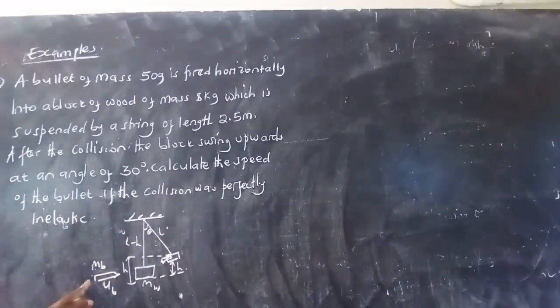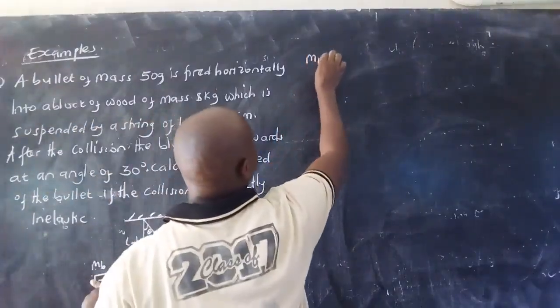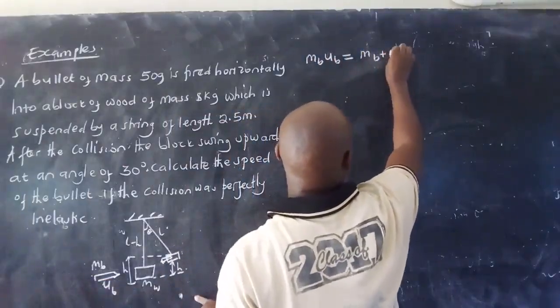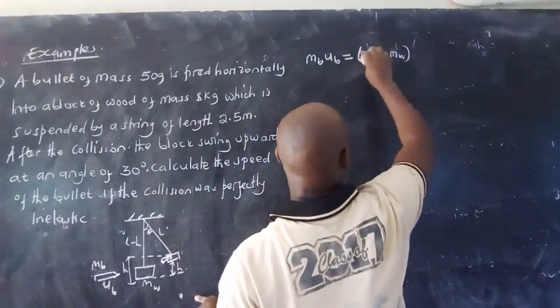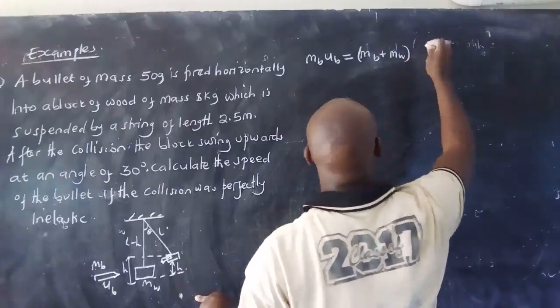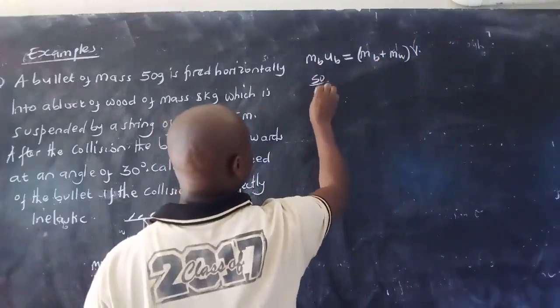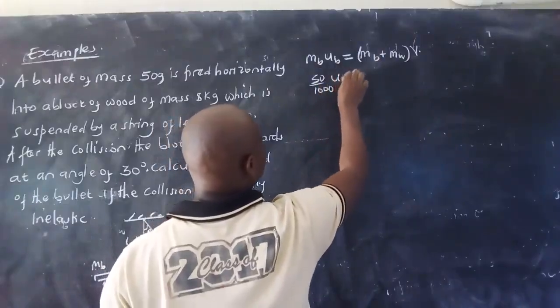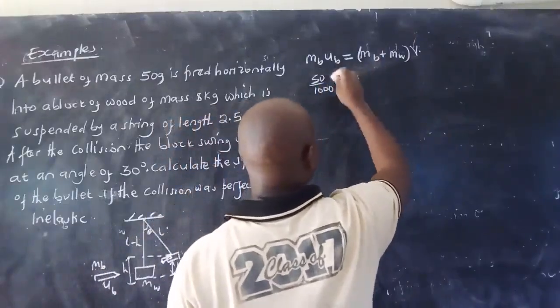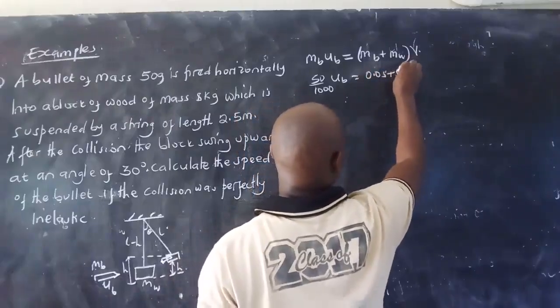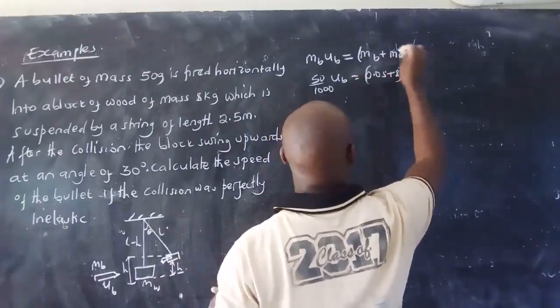So we shall now conserve the momentum first. Mass of the bullet times speed of the bullet is equal to mass of the bullet plus mass of the wood, times v. So this is 50 over 1000 times speed of the bullet, and 50 over 1000 is 0.05, is equal to 0.05 plus 8 times v.